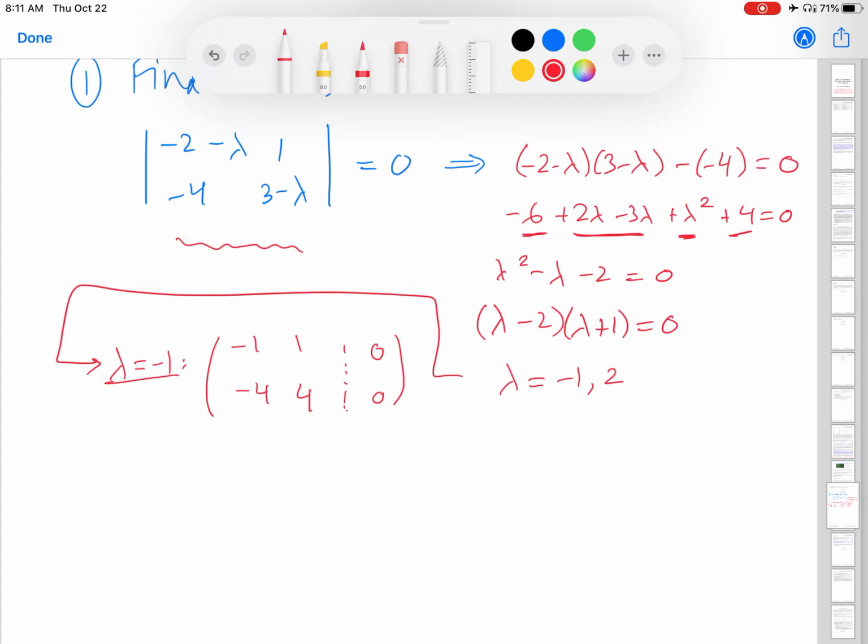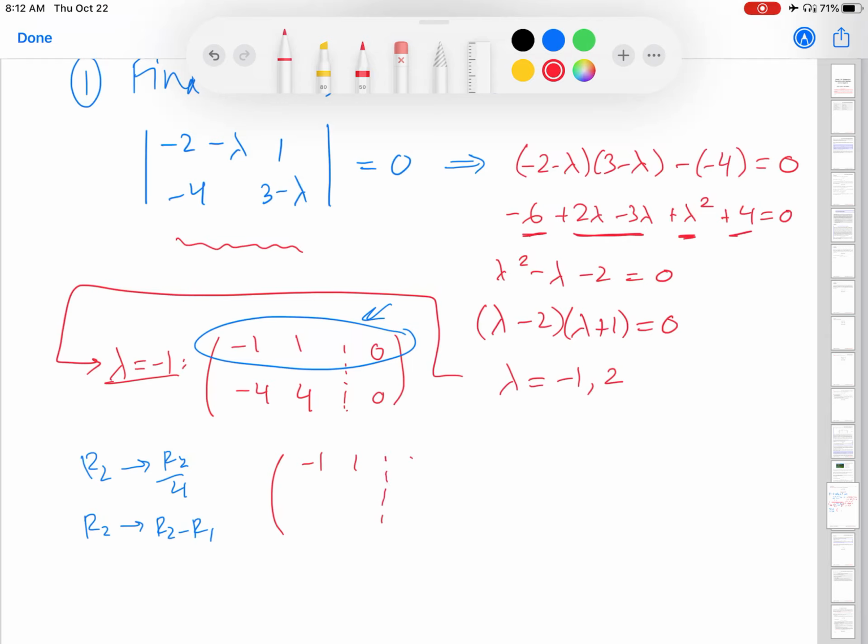All right, so what am I going to do? Well, this first row looks exactly like the second row, except that the second row has been divided by 4. So if I replace row 2 with row 2 over 4, that would give me this exact first row. Then if I take that new row 2 and subtract the first row, I would get a matrix that has a second row which is all 0.